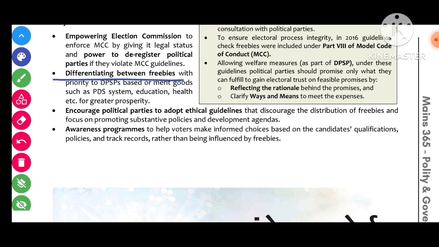And differentiating between freebies and merit goods with priority to directive principles of state policy, such as public distribution system, education, health for greater prosperity. And encourage political parties to adopt ethical guidelines that discourage the distribution of freebies and focus on promoting substantive policies and development agendas.